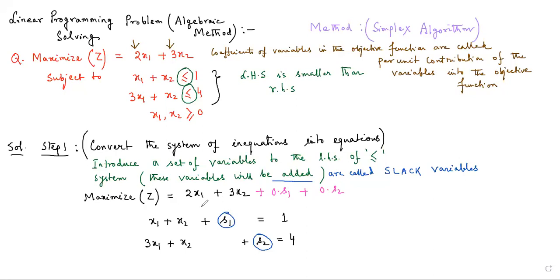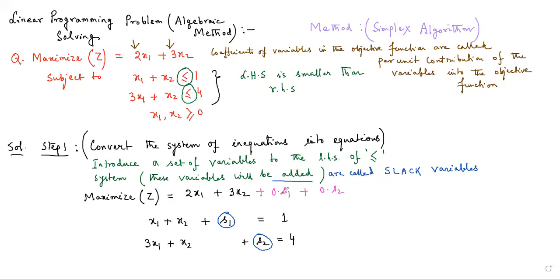We do not have any problem with x1 and x2; these are my original variables. But if I forcefully introduce s1 into the objective function with some non-zero per unit contribution, suppose some constant multiplied by s1, my original objective function will change, and we don't want to affect the original objective function. We want to keep it fixed.